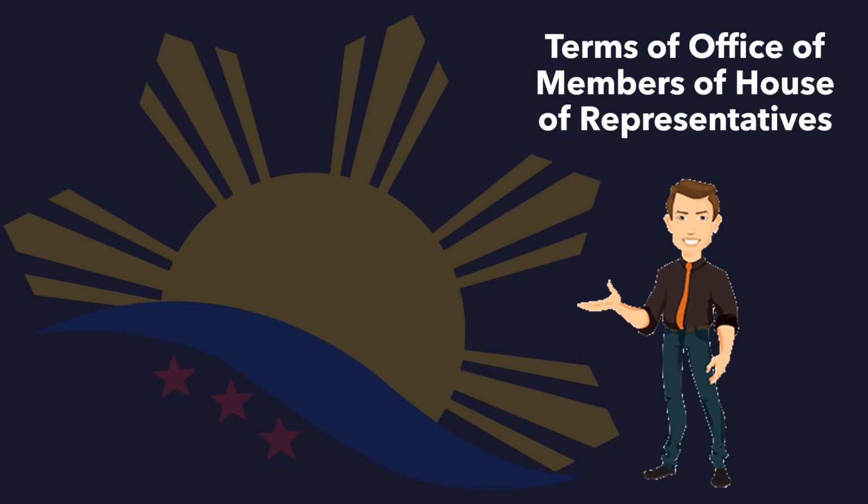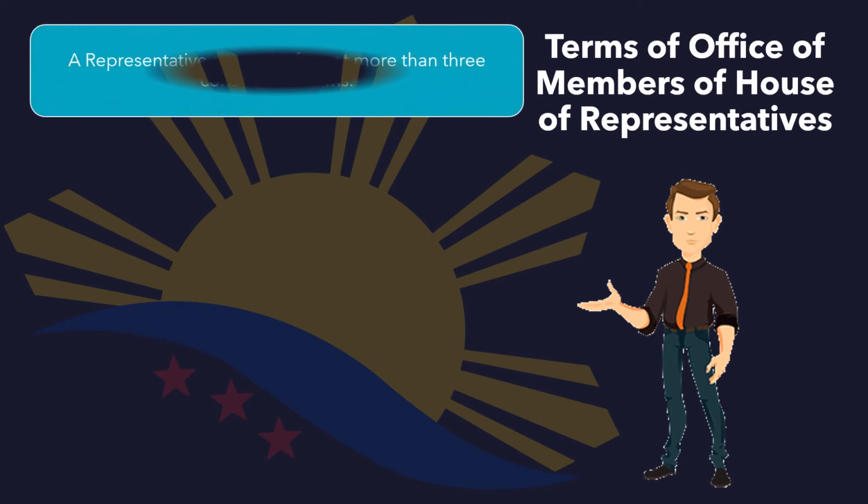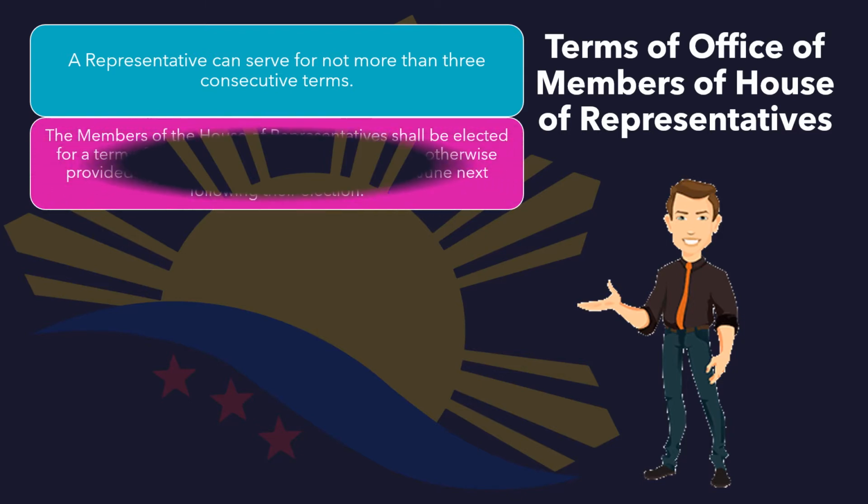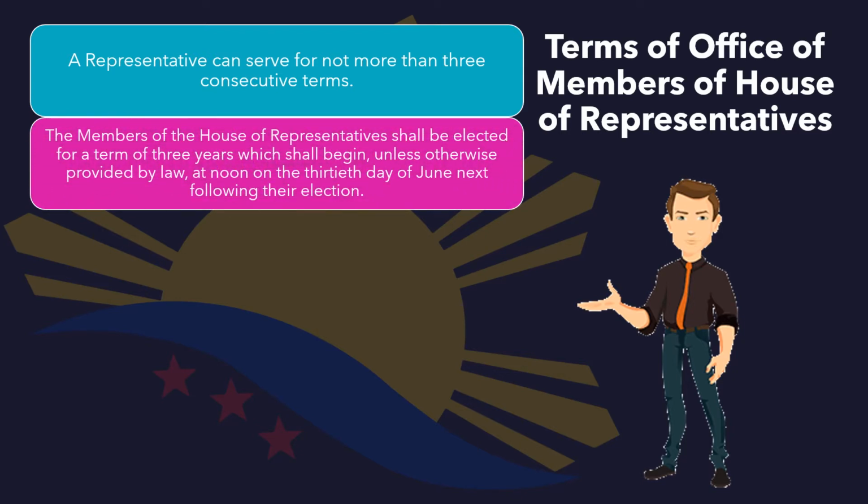Terms of office of members of the House of Representatives. A representative can serve for not more than 3 consecutive terms. The members of the House of Representatives shall be elected for a term of 3 years, which shall begin, unless otherwise provided by law, at noon on the 30th day of June next following their election.